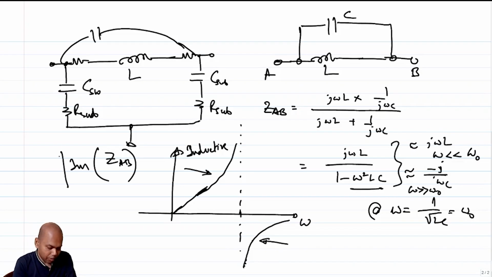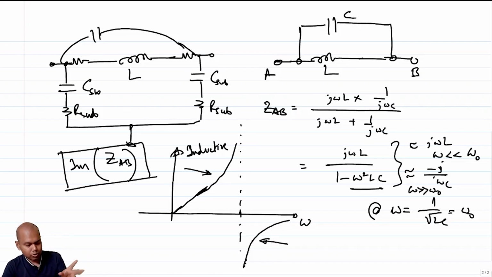Note that I'm only plotting the imaginary part, so don't get confused about how come I have a negative part. The negative comes because if you take the capacitor impedance as 1 over j omega C and take the imaginary part, you multiply with j in the numerator and the denominator, so you get negative j by omega C. That's why that negative curve is coming.